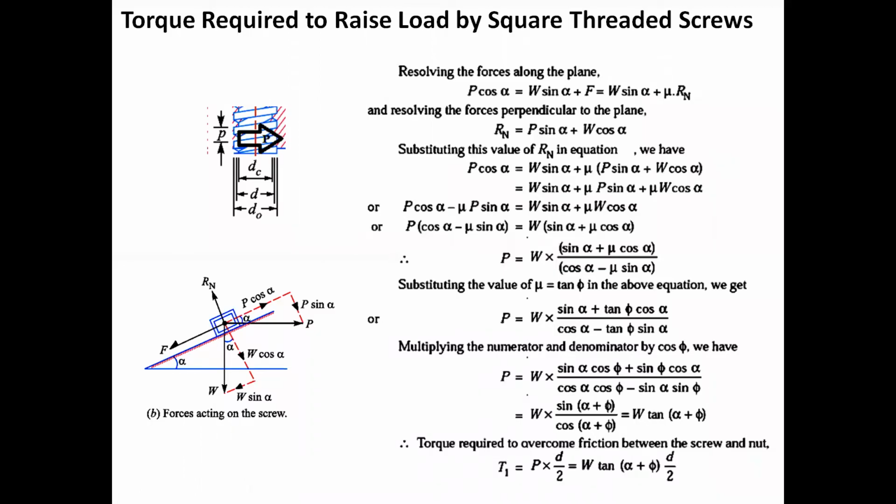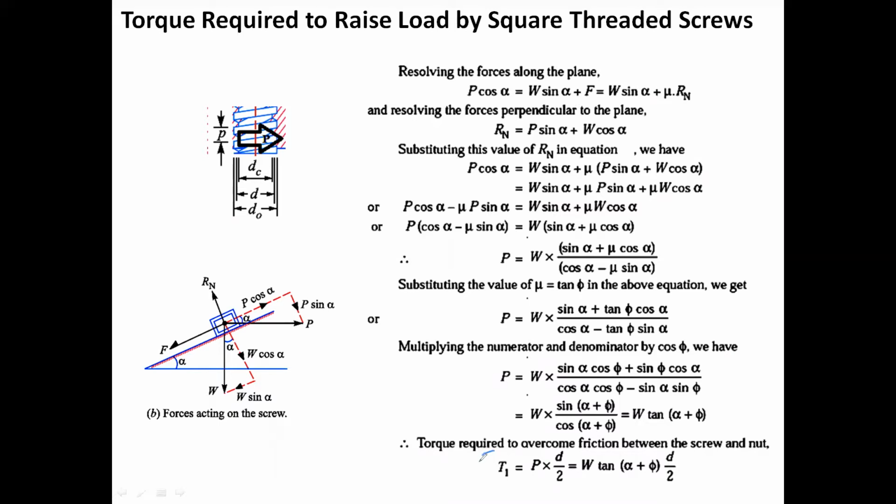In the last lecture, we have seen up to this torque required to raise the load by the square threaded screw jack, by using this derivation. Finally, we got our equation in between the effort required and the load.